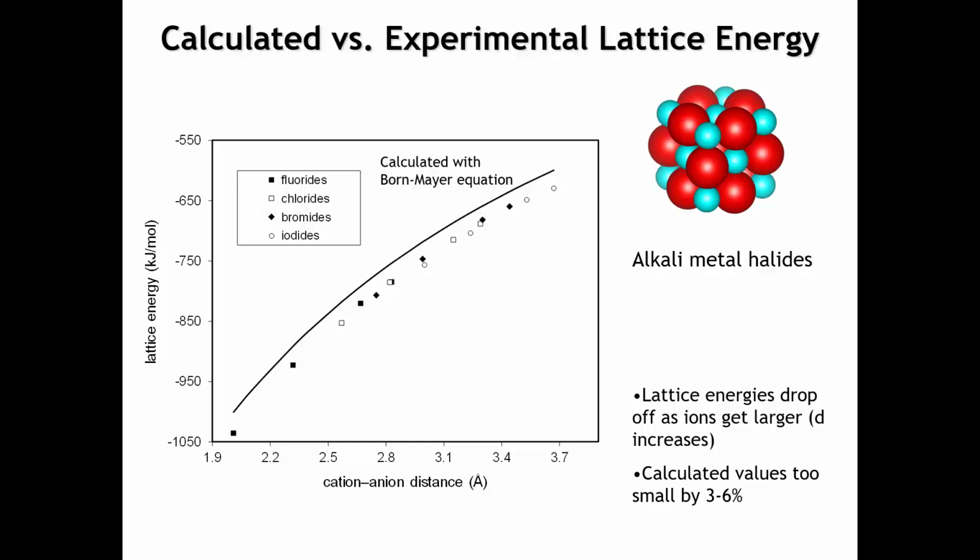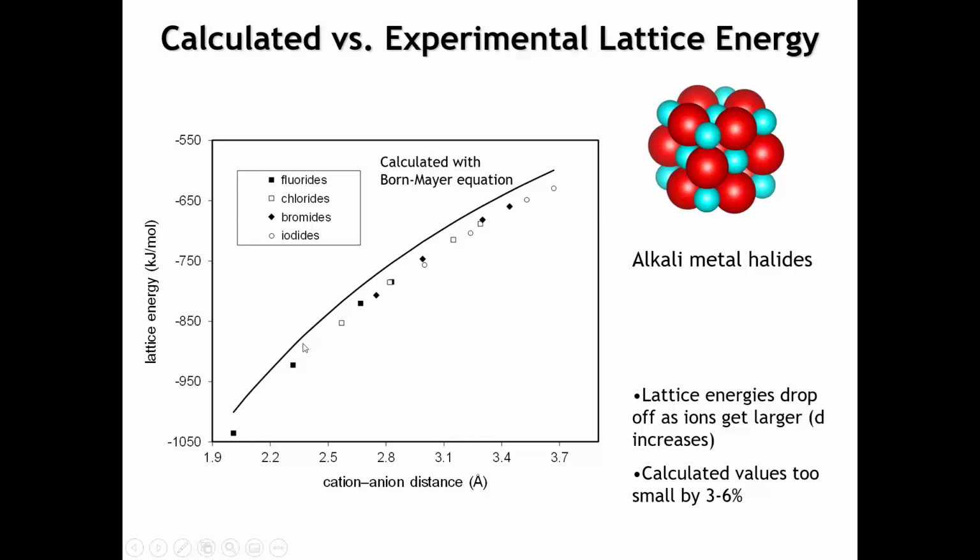Here we can see for all of the alkali metal halides that take the rock salt structure, the curve is the lattice energy that would be calculated by the Born-Meyer equation, right? And the only variable there is going to be the interatomic distance. So we can plot that for any given interatomic distance.